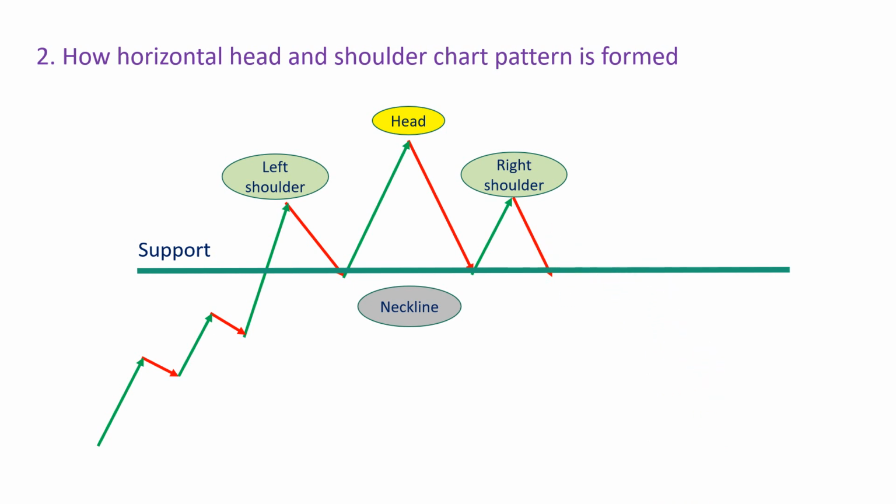And finally, the last scenario, the price, before breaking the neckline, consolidates or builds up for a while and then breaks the neckline and continues going lower, the opposite direction of the original trend. Let's see a real example, and I'm going to show you how you enter the trade and set your stop loss and your profit target.